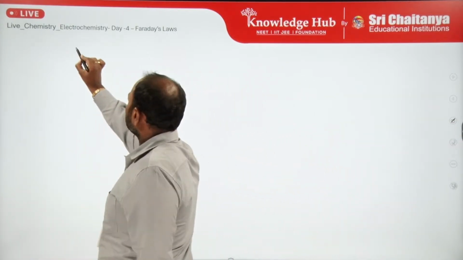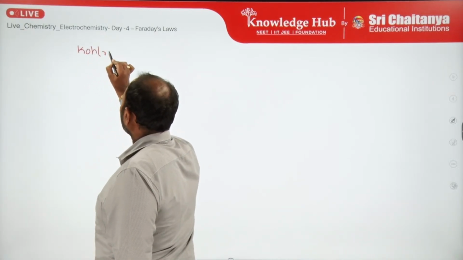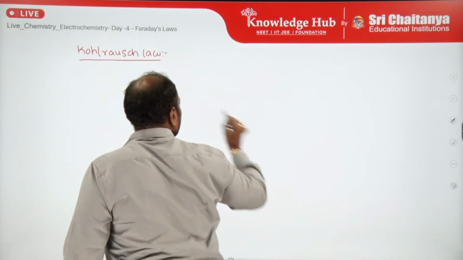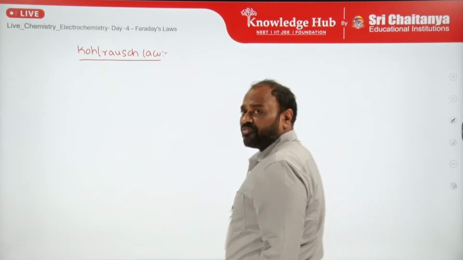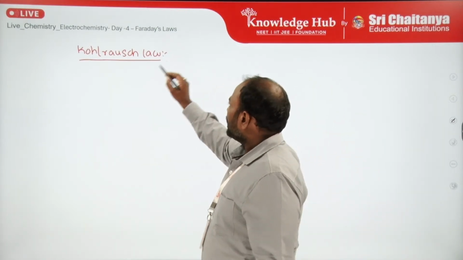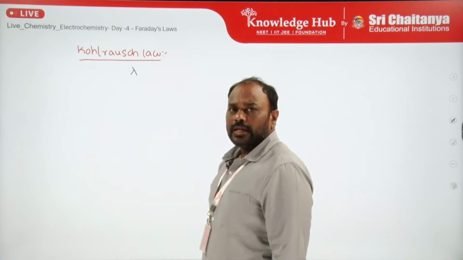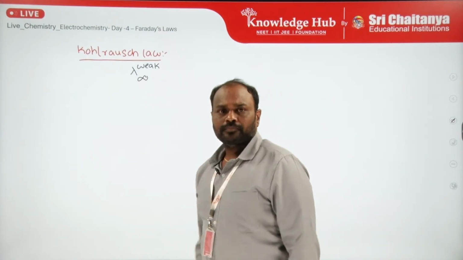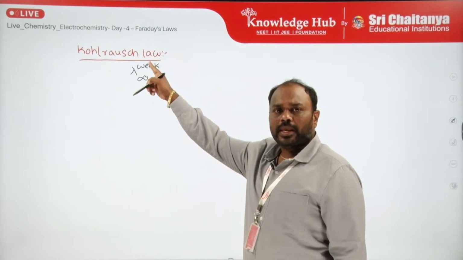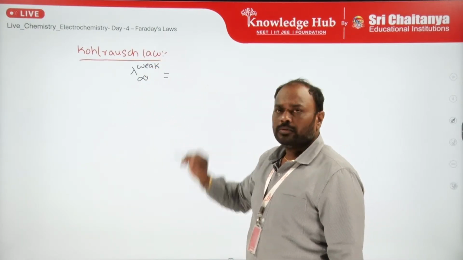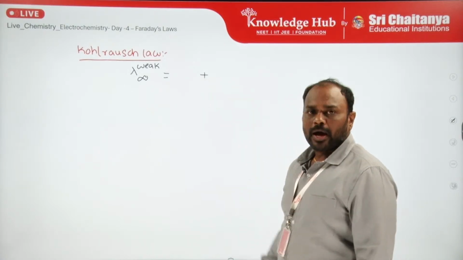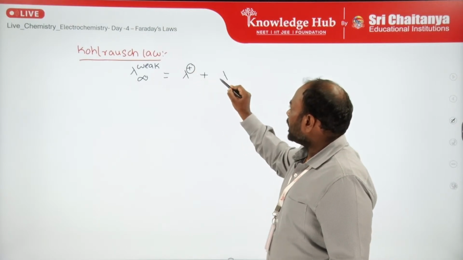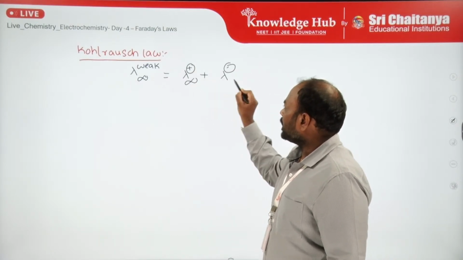See, so what's the use of the Kohlrausch law? To measure the equivalent conductance of weak electrolyte at infinite dilution. Equivalent conductance of weak electrolytes at infinite dilution is equal to the sum of the equivalent conductance of cation and the equivalent conductance of anion at infinite dilution.